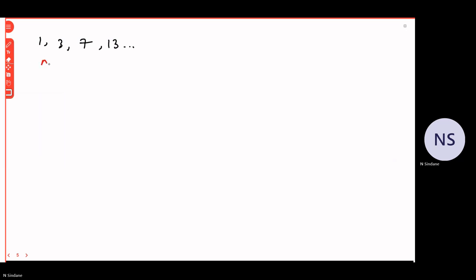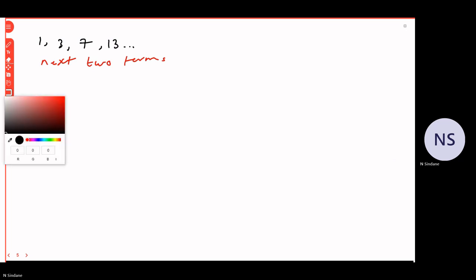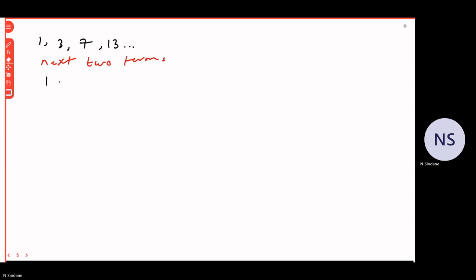So the easiest way to do that, I always do this. I have my 1, give it space, 3, give it space, 7, give it space, and 13. Then T2 minus T1, I'm getting 2.